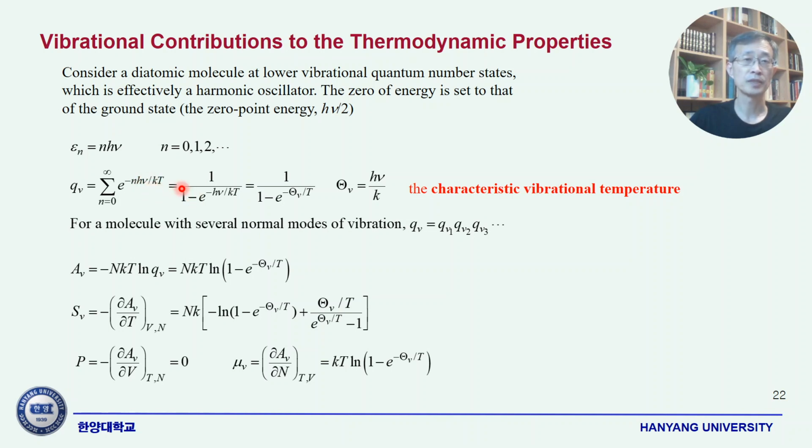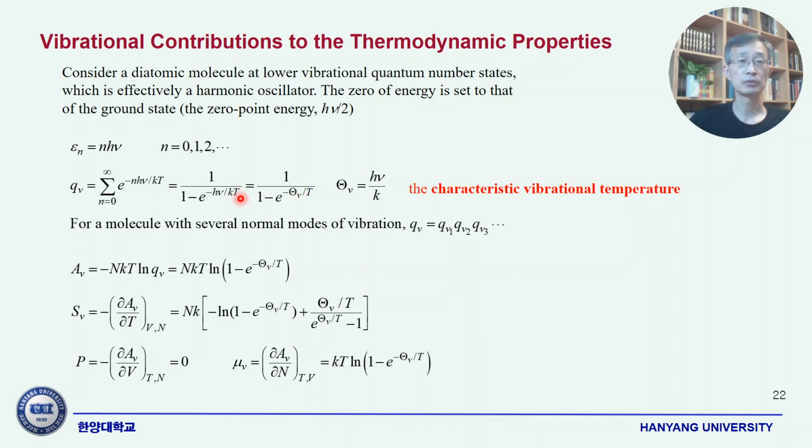So the sum is 1 over 1 minus r, where e to the minus h nu over kT is the ratio, and this is the partition function. So the vibrational partition function is given by this single term for each mode. If there are a number of modes, you would have exactly a term like this with a different frequency. Here nu is the vibrational frequency.